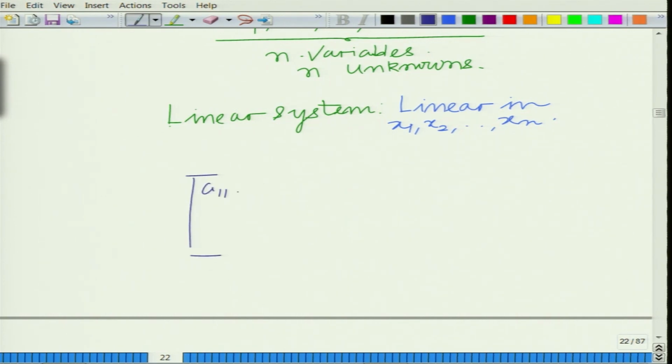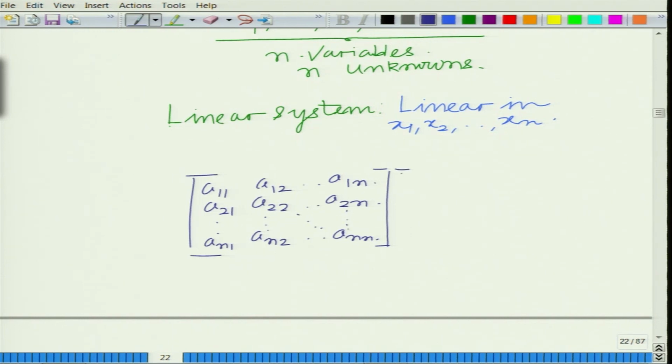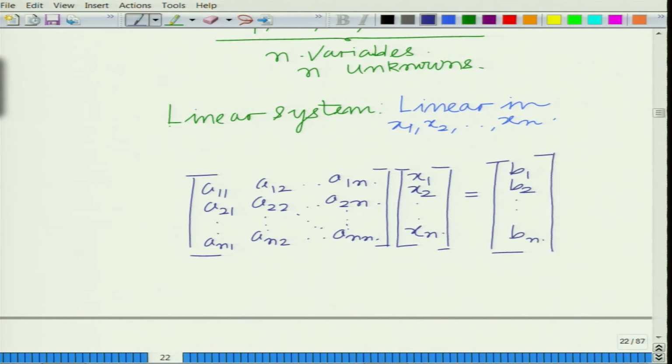You have the matrix a11 a12 a1n, a21 a22 a2n, an1 an2 ann, times x1 x2 xn, equal to b1 b2 bn.